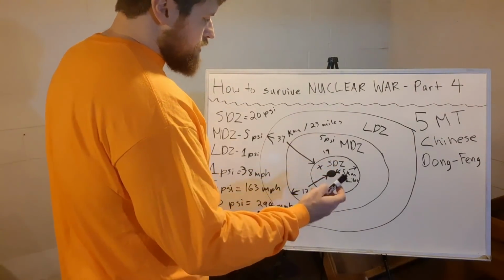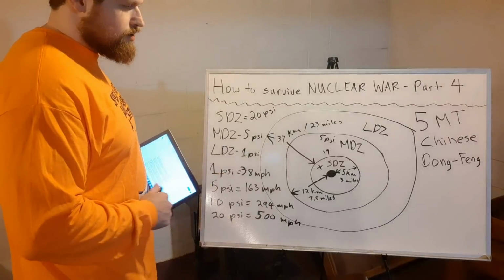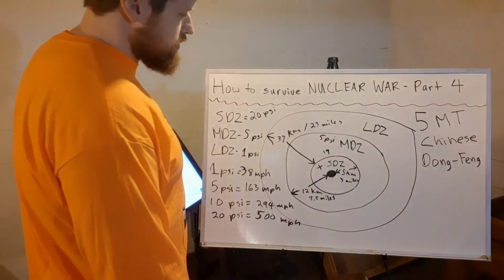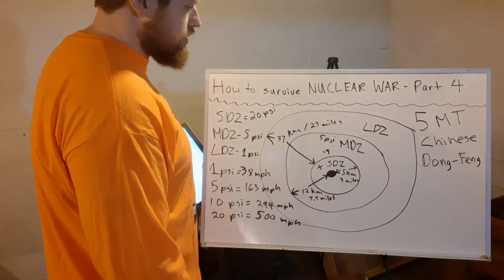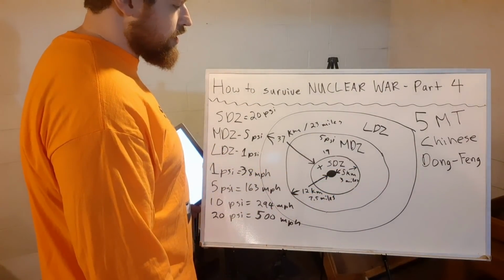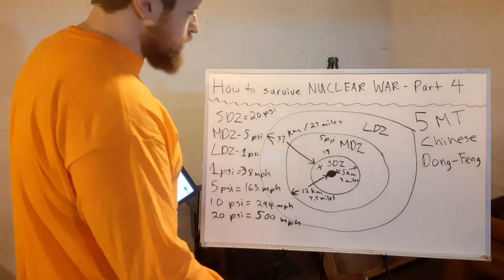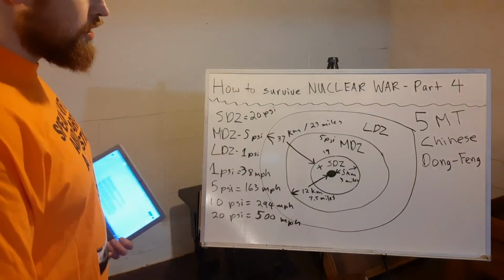If you get a message on your phone that there's a missile inbound and it's within 3 miles of you, try to put some distance between you and the potential target, whether it's by going on foot or getting in your car.